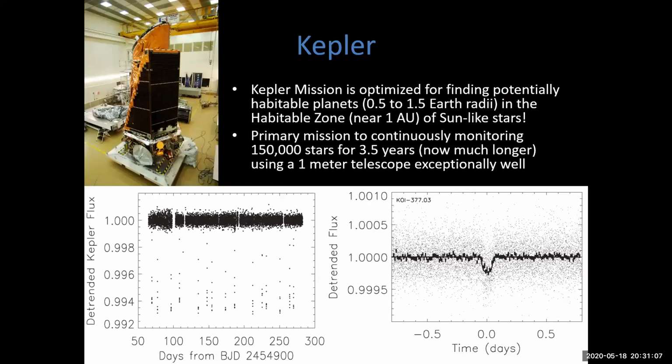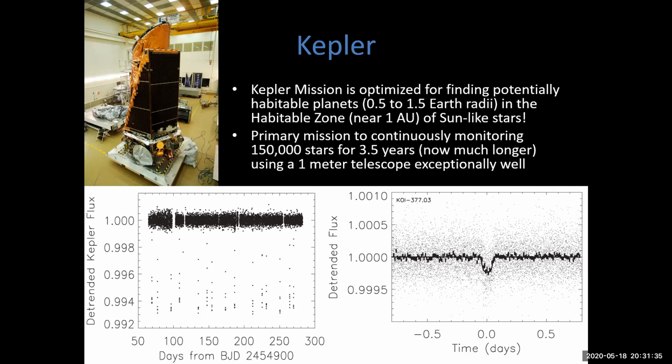So Kepler takes data that looks like this. It focuses on particular stars and measures their light very, very accurately. And then occasionally there is a dip in the amount of light produced by that star. And if that dip happens at regular intervals, only planets can cause that.